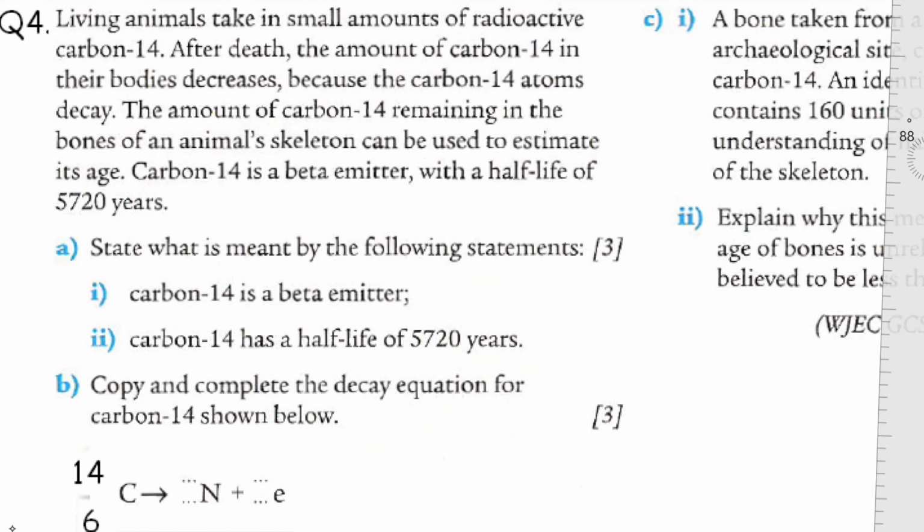Part 2, carbon-14 has a half-life of 5,720 years. This means that every 5,720 years, the count rate decreases by half. You could also have said that the number of undecayed radioactive atoms decays by half.